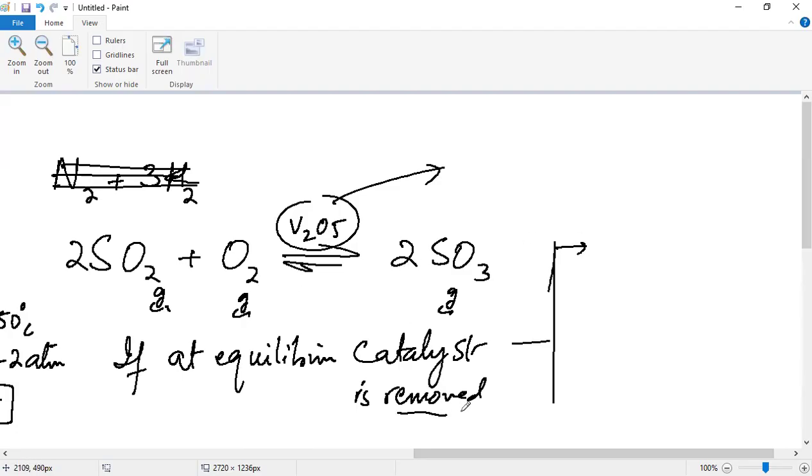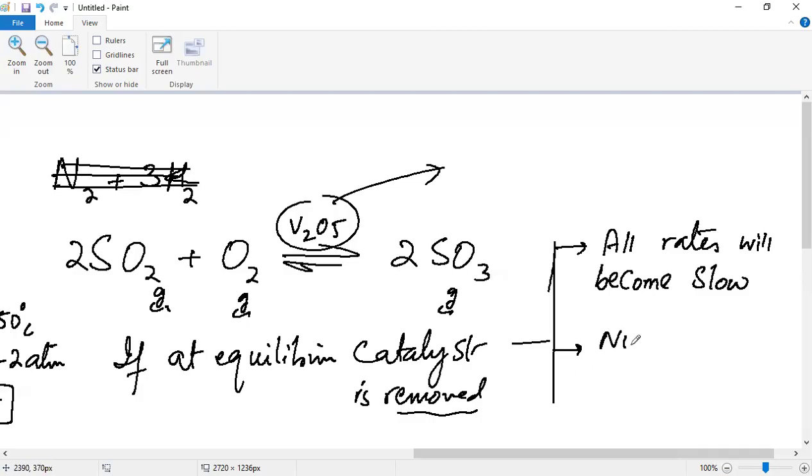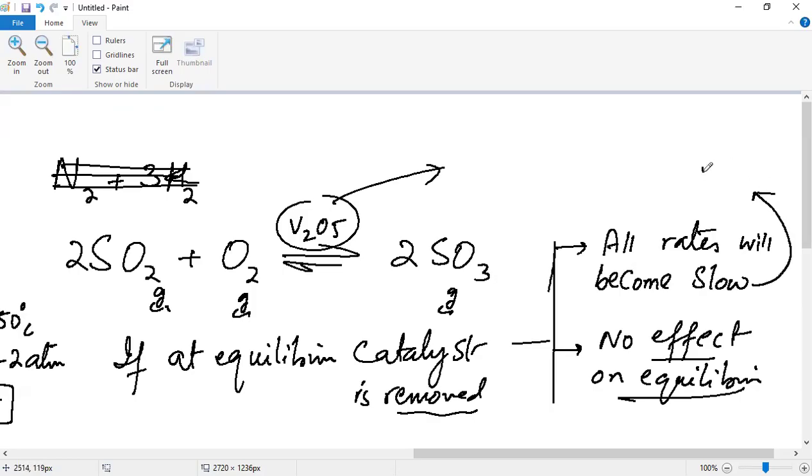So in this case, if the catalyst was removed, all rates of reaction will become slow, and eventually there will be no effect on the position of equilibrium. And if you're asked why the equilibrium position is not affected, we would say all rates, forward and backward, become slow equally. As much as the forward reaction slows, the backward reaction slows by the same amount.